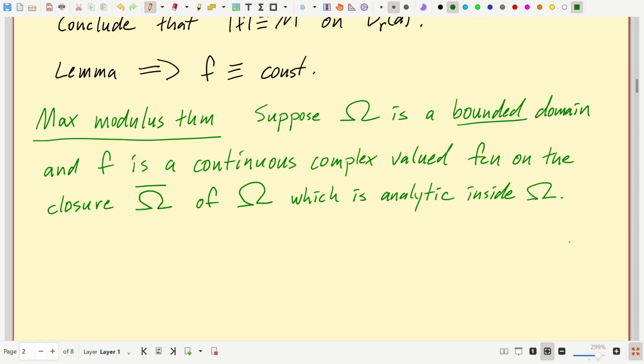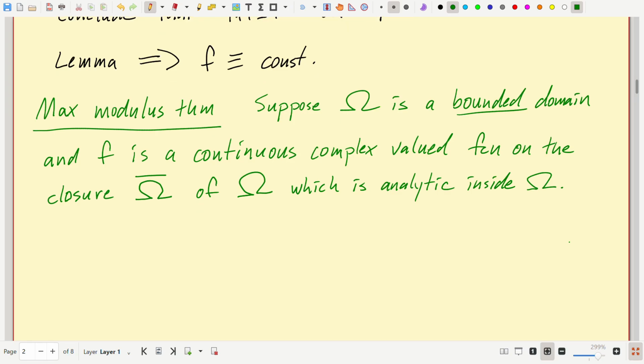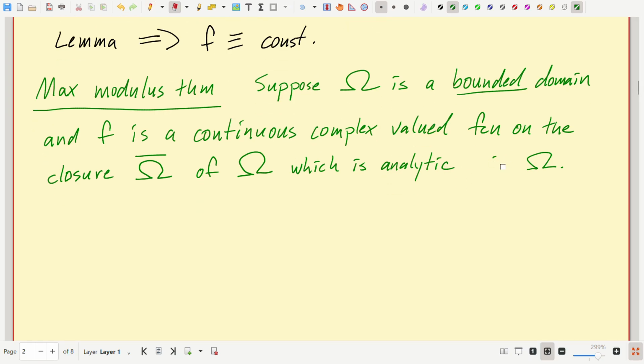Omega is its own inside since it's open, so instead of saying inside, I should say on omega.